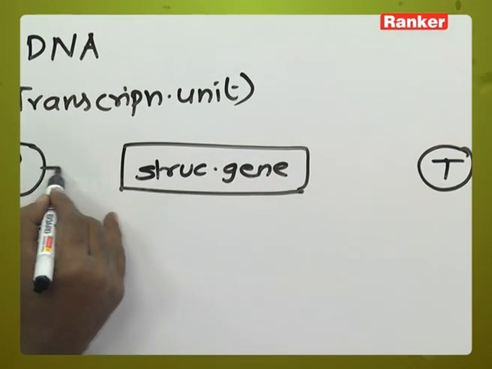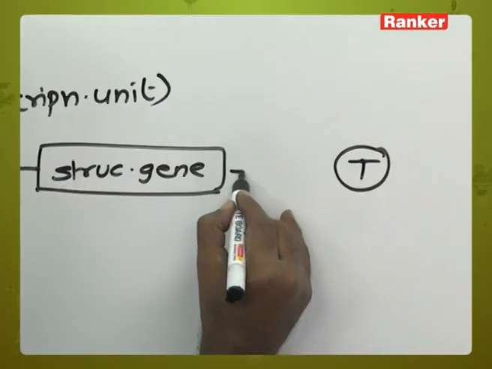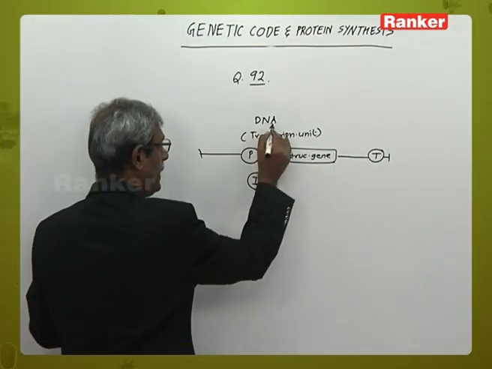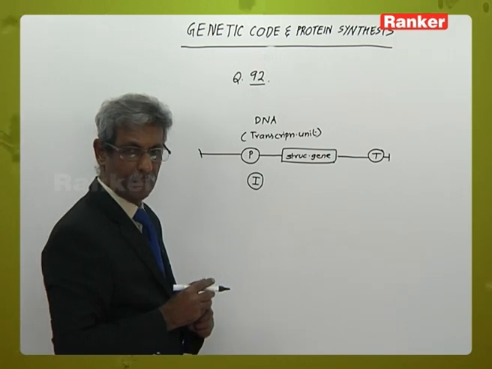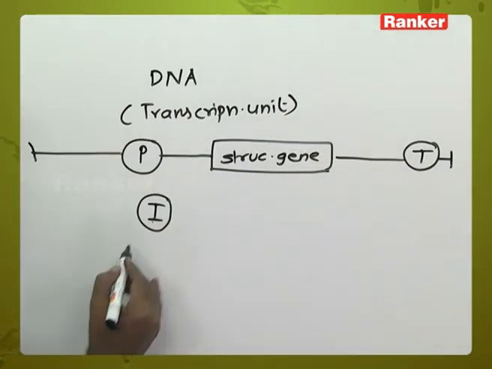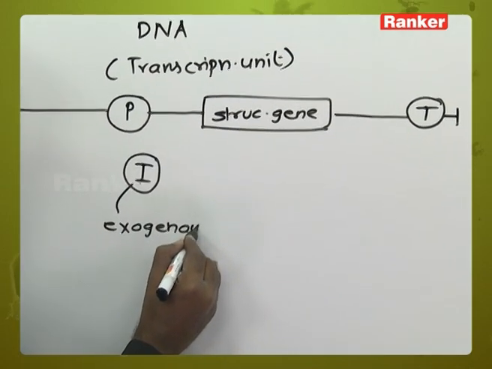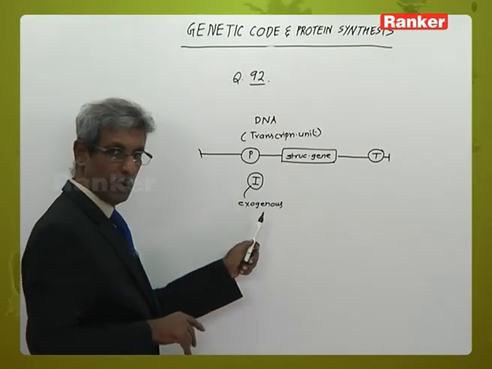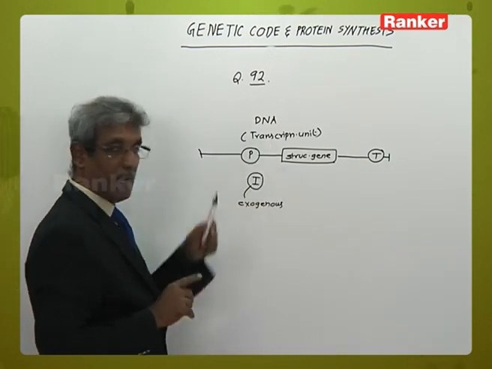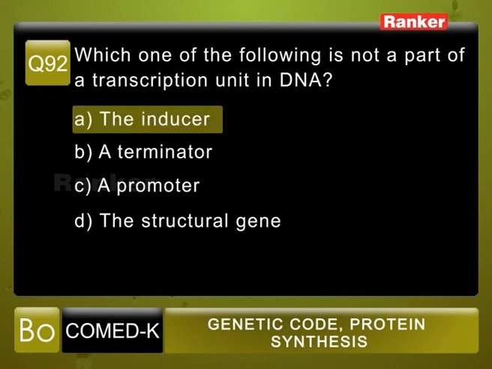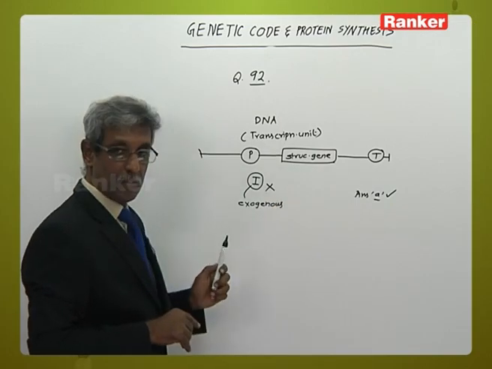A promoter, a structural gene, and a terminator are ideal components of the basic DNA, whereas an inducer is an exogenous molecule. An exogenous molecule is not a component of the transcription unit. The answer is A, that is, an inducer is not a part of the transcriptional unit.